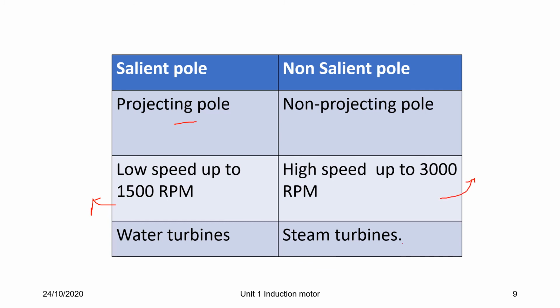Mostly it is used for steam turbines. For those we use the non-salient pole rotor, because 3000 RPM means we have only two poles.